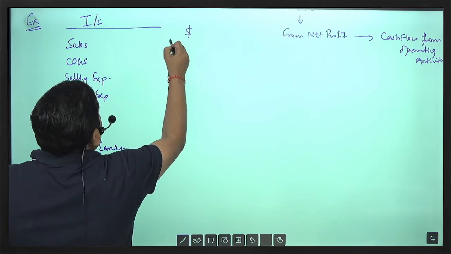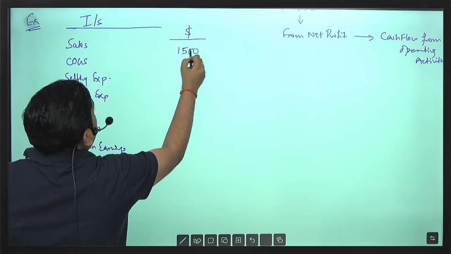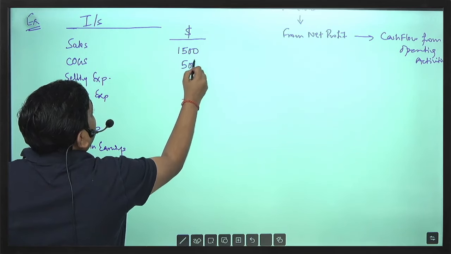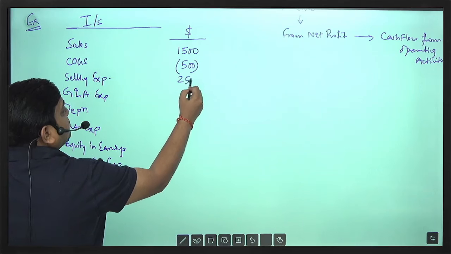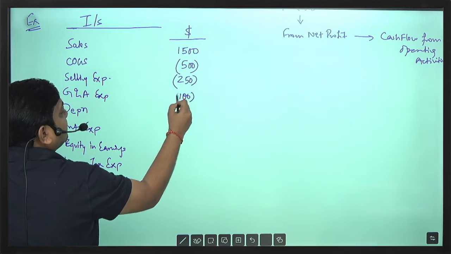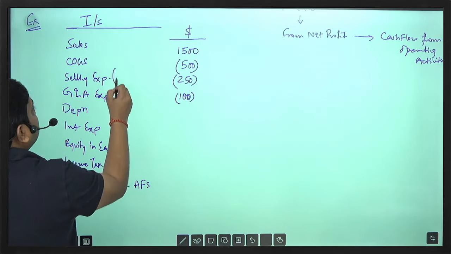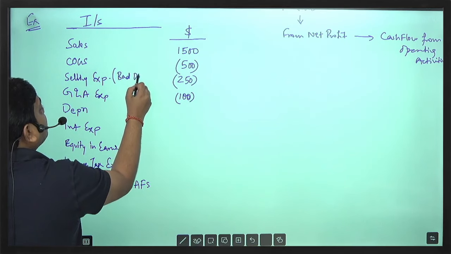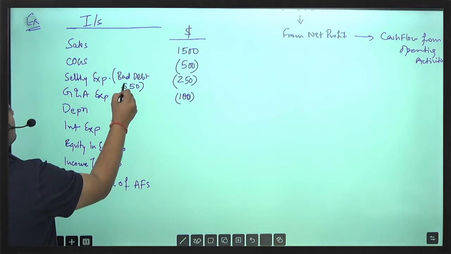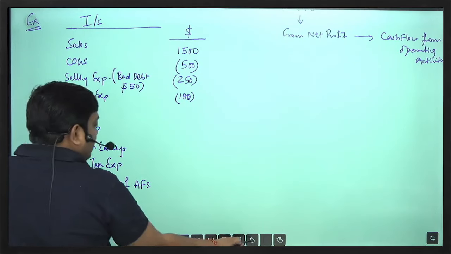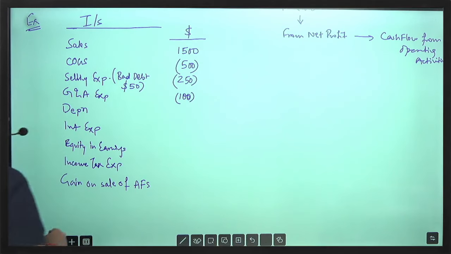So this is $1,500. This is negative 500. Right? Selling expenses 250. This is 100. Here we have bad debt 50. Okay. In selling expense we have $50 bad debt.